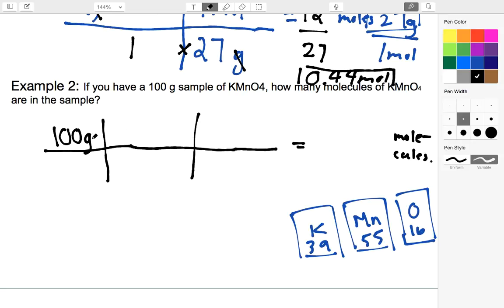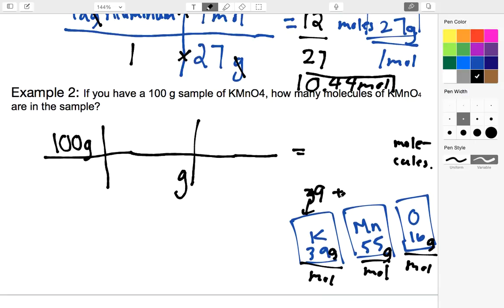So here, I want to get rid of grams, so I want grams to cancel out. I'm going to write that in my denominator. And I know I can get from grams to moles because all of these units are in grams per mole.